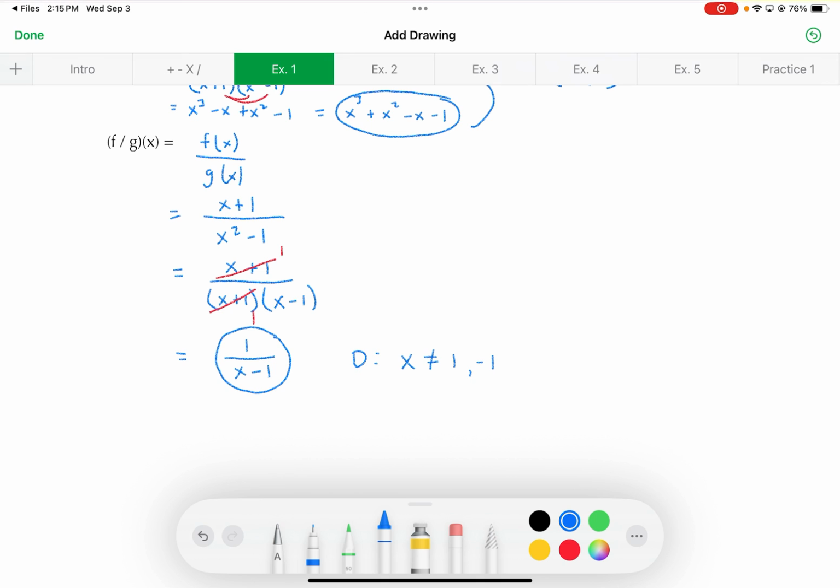So include -1 as not being part of the domain as well. Okay, so we're really looking at this line or even this line right here before we reduced and saying there's 2 excluded values. Okay. All right, so you could write it like that, or you could give your interval notation. Like so. Questions there?